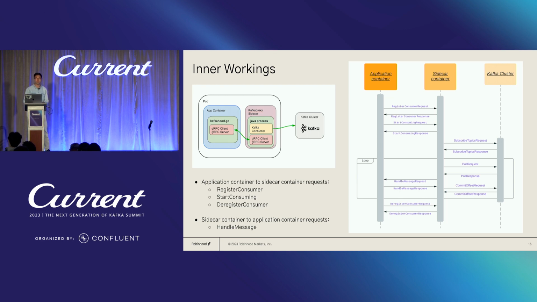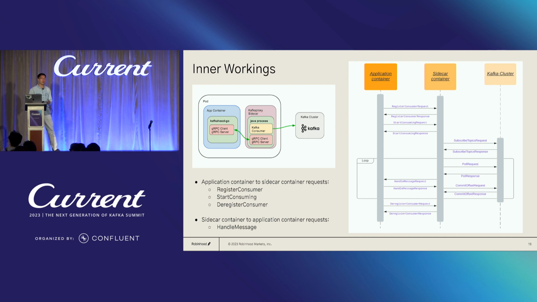During this pull and push loop, the Kafka consumer in the sidecar container pulls messages from the Kafka cluster and pushes them to the application container via the gRPC request handle message. Once the application container receives these messages, it processes them, and if it successfully processes these messages, it sends an OK response back to the sidecar container.